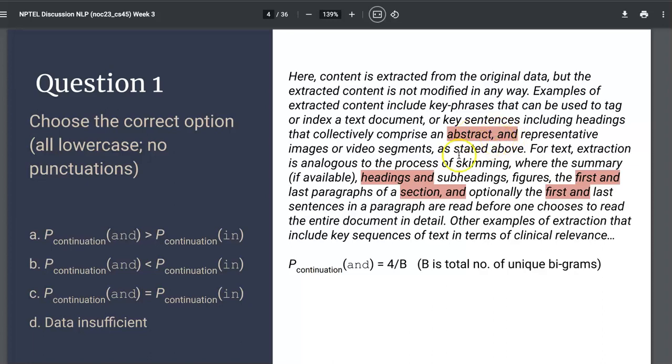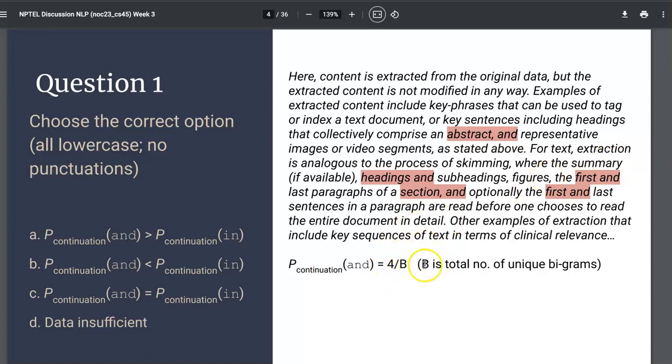"And" completes the bigram; it's not the first word of the bigram but the last word. There are 5 places where the bigram ends with "and". Among those 5, the first one is common, so there are 4 unique bigrams. So it is 4 by B.